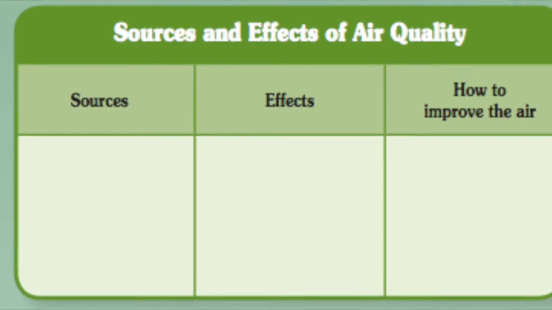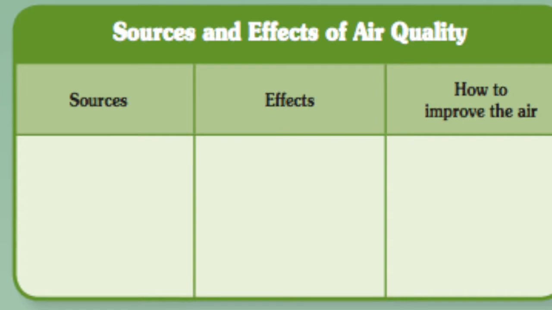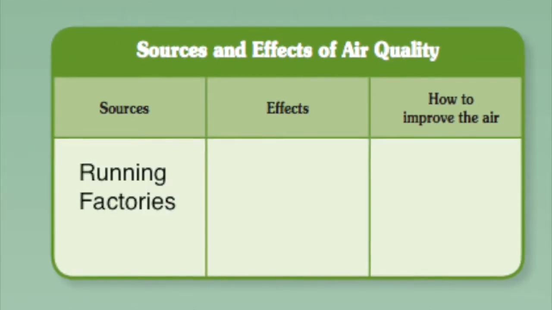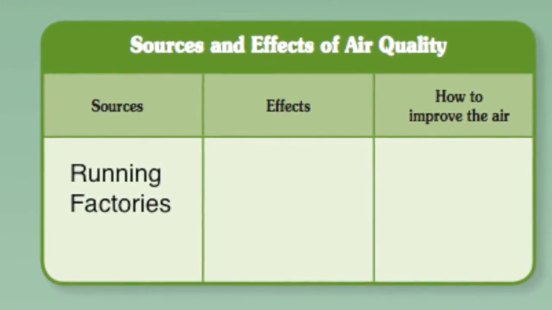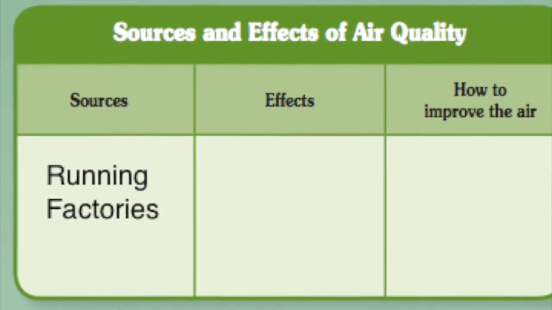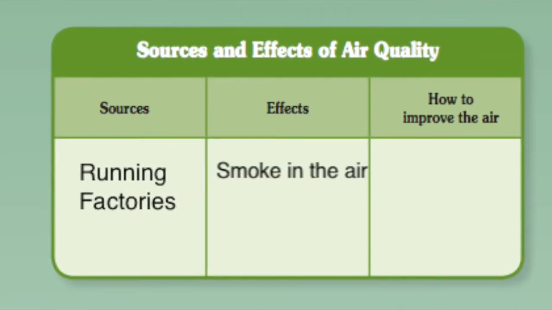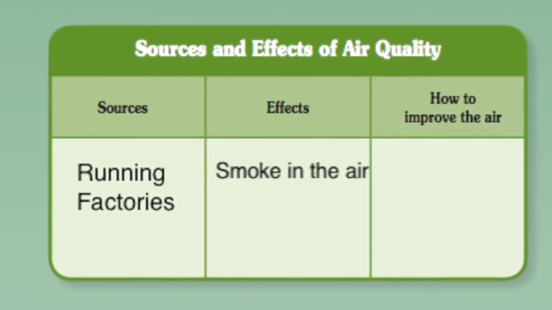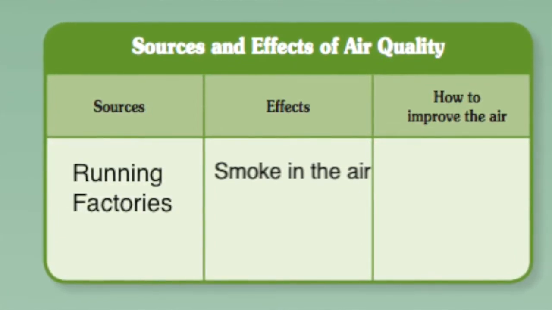If I were to look at, we'll say the first one, the factories. Don't use factories. If I were to look at factories, I would say, okay, sources: running factories or something like that. Then it says effects. What are the effects of these factories that are billowing out smoke? Well, pollutants are being released into the air, or smoke is being released into the air.